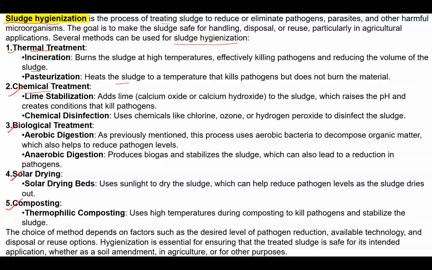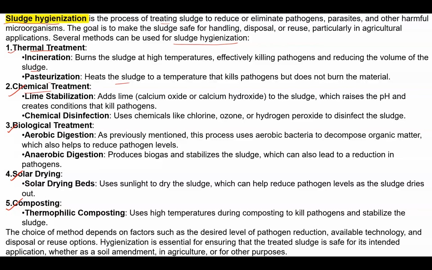So we can see different sludge hygienization treatments: thermal, chemical, biological, solar, and composting. Among these, which do you think will be easy to process, low cost, with lower energy consumption?